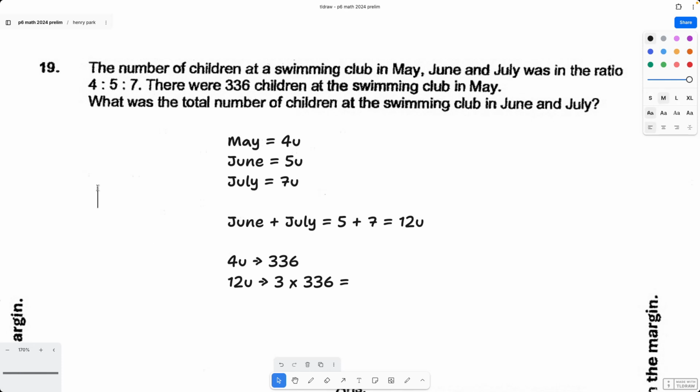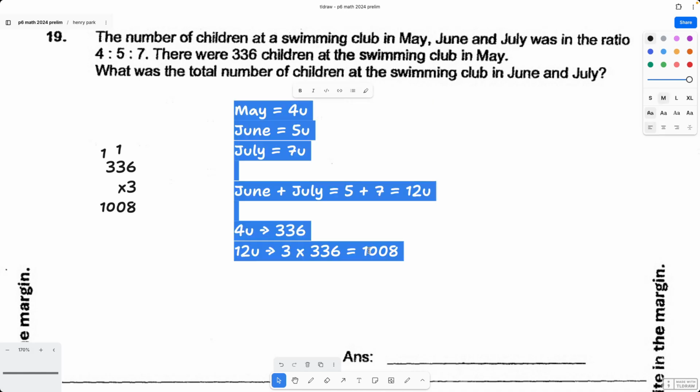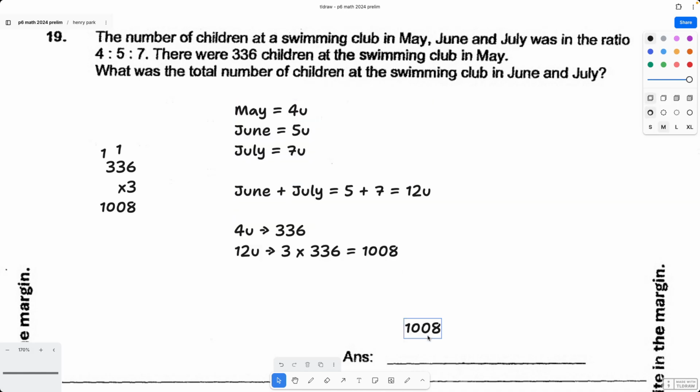Let's do the calculation, 336 times 3. What is 6 times 3? It will be 18. We'll put 1 over here. 3 times 3 is 9, plus 1 is 10. We'll put 1 over here. 3 times 3 is 9, plus 1 is 10. So it's 1008. And there you go, that's the answer, 1008.